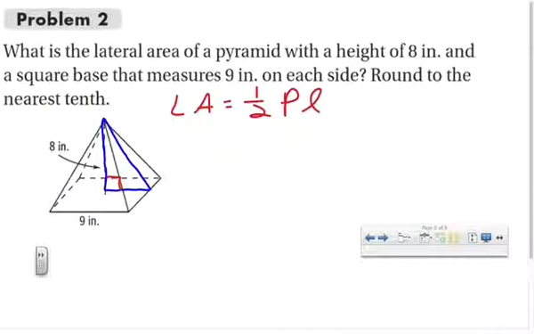Any thoughts on how we can use that triangle that I've just sketched inside the pyramid to find L? You can't assume that it's a 30, 60, 90, but it is a right triangle, and you can use the Pythagorean theorem. I know that this vertical segment is 8. Notice that the length of this segment down here will be 4.5. And the hypotenuse of this triangle is the L that I'm trying to find.